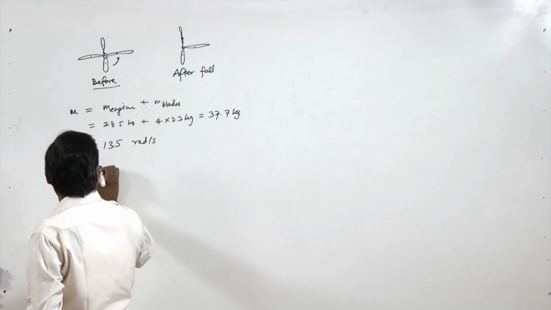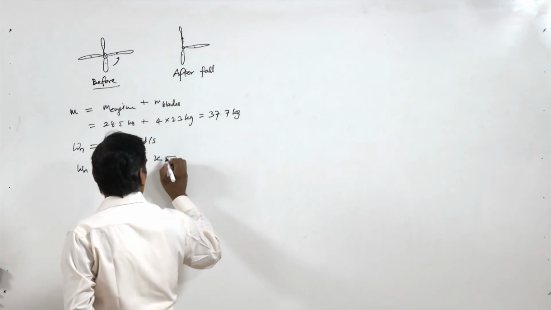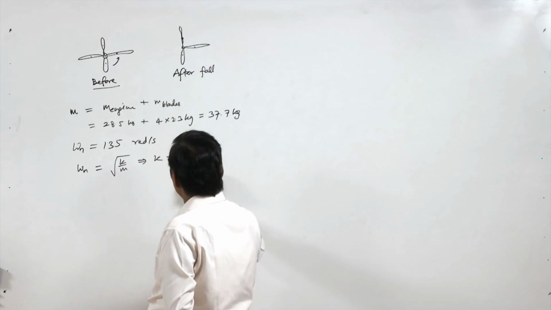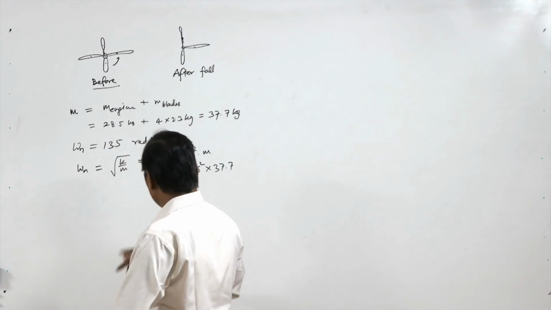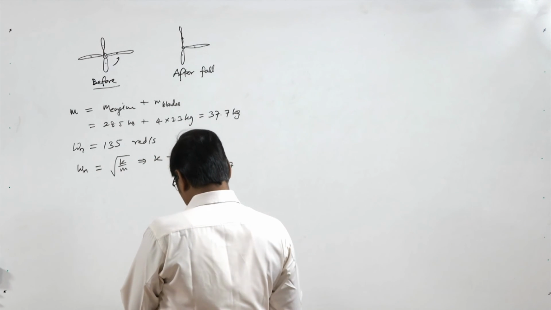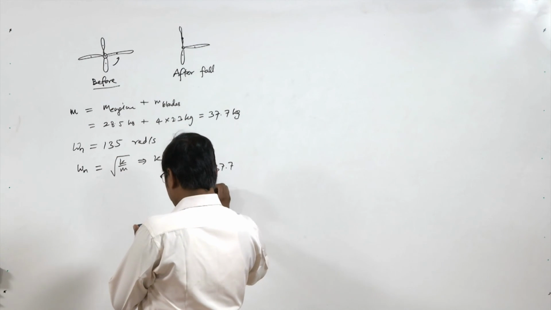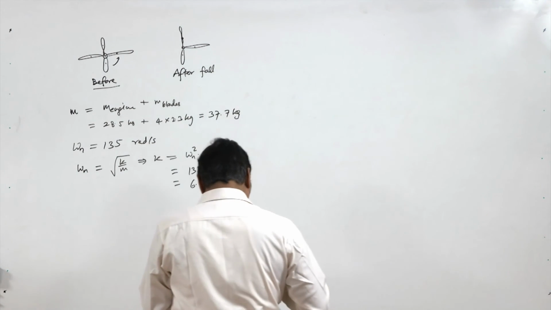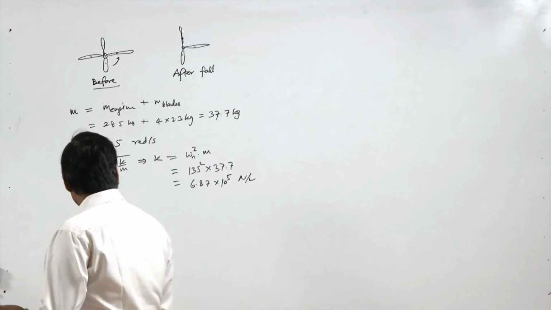Omega n equal to root k by m, so we can find the stiffness of this section. k equal to omega n square into m, so it is 135 square into 37.7, which comes to be 6.87 into 10 power 5 Newton per meter. So we have got the stiffness.